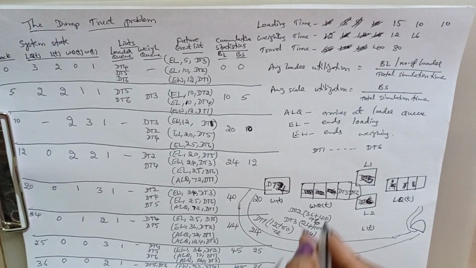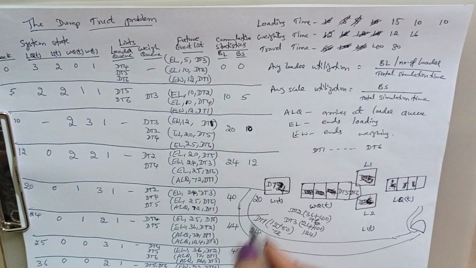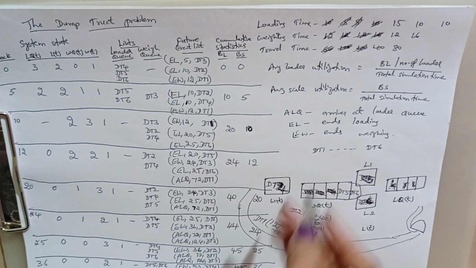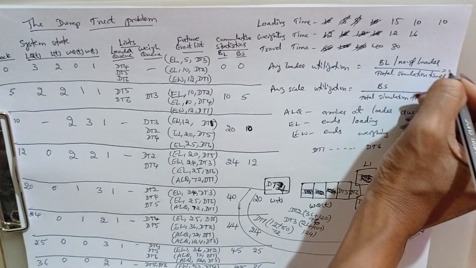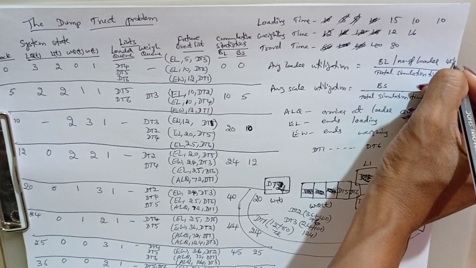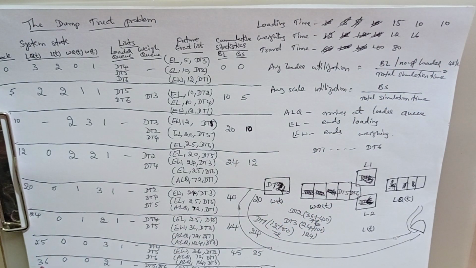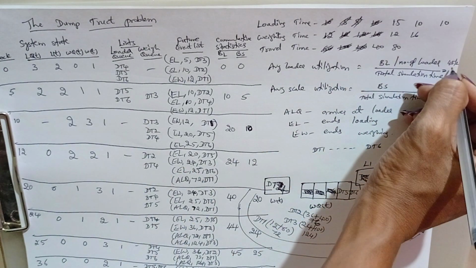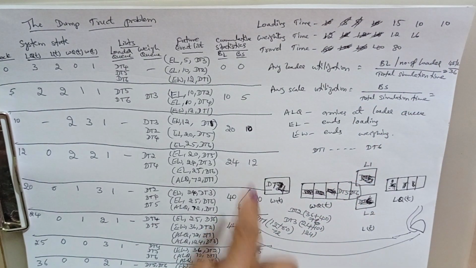And now we'll calculate the average loader utilization. That is the loader BL. What is the BL value? It is 45. Here 45 by 2 loaders, divided by the last simulation time, which is considered 36. So divided by 36. Same as here, BS.